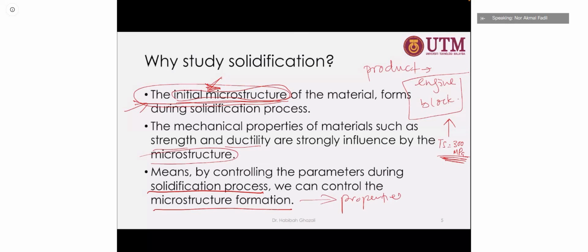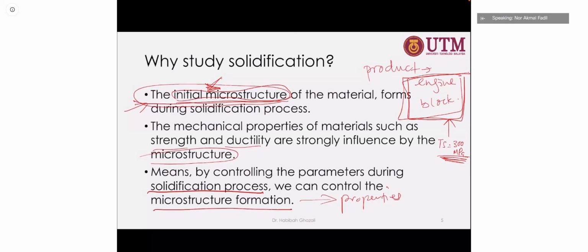You can't just solidify it casually. No. You need to do a proper study of the process parameters, and only then can you get the desired properties. This engine block has a specific function and needs some design requirements, where the properties include tensile strength and thermal resistance or thermal conductivity.